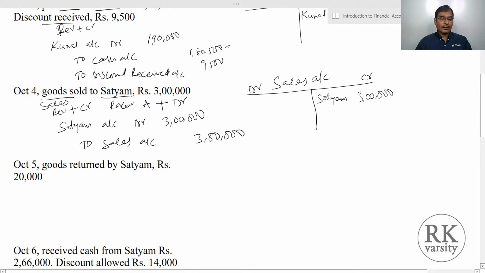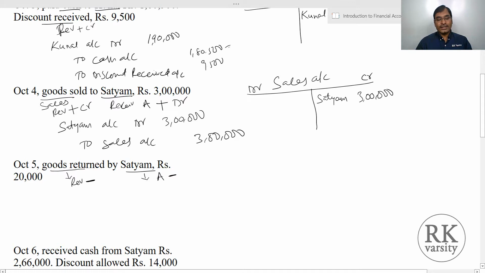Now on October 5th, goods returned by Satyam. So what is happening here? Your sales are decreasing and your asset is also decreasing. That is, sales returns is your revenue, there is a decrease, and asset, there is a decrease.